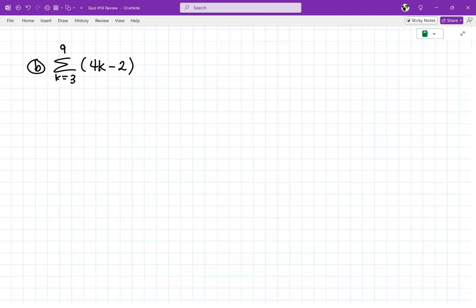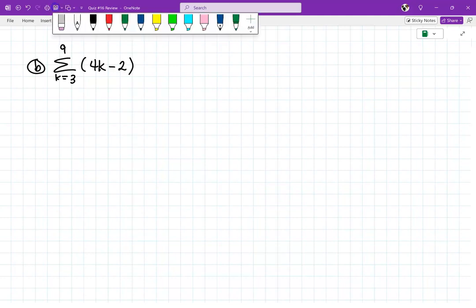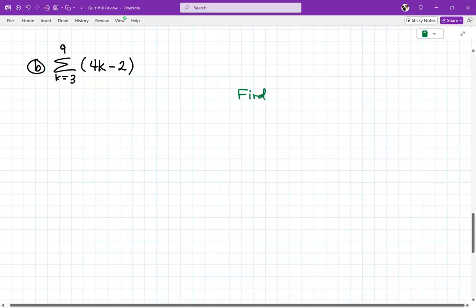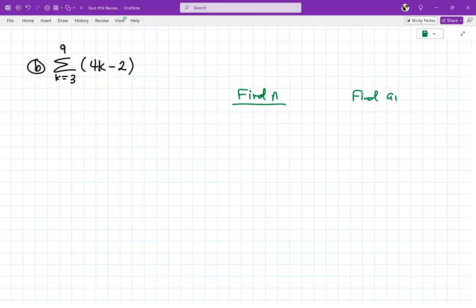If the lower bound is a 1, then n is always the top number. But if the lower bound is not a 1, then n is not the top number. You're going to have to figure it out. That's why I always just make us figure it out anyway, because it makes what we're doing more consistent. So I'm going to put find n here, find a sub 1, and find a sub n.